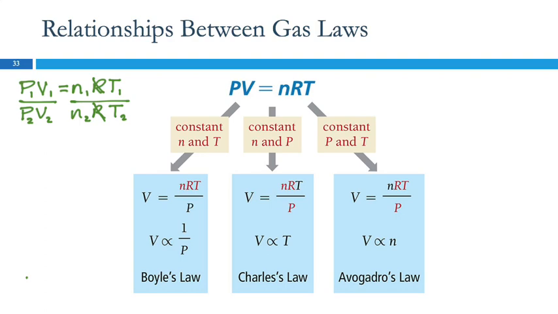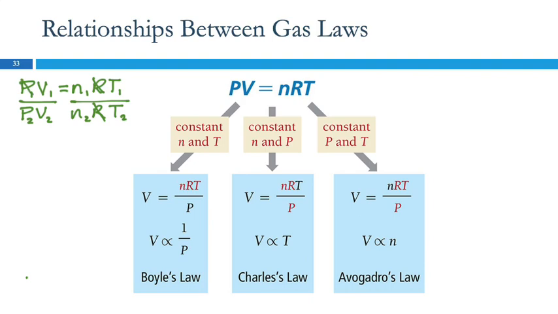So let's say that we had a question where volume and moles of gas were changing, pressure and temperature were not changing. So if the pressure isn't changing, sometimes they tell you what the pressure is, other times they don't. But if it's constant, then you know that pressure 1 is equal to pressure 2.